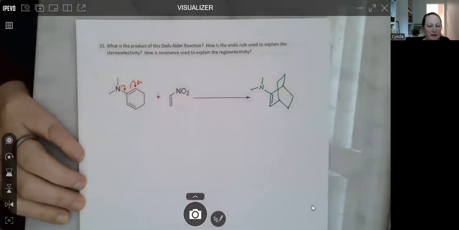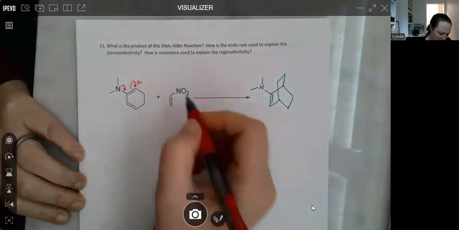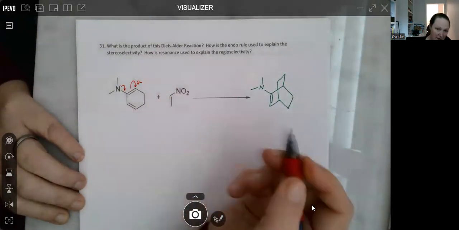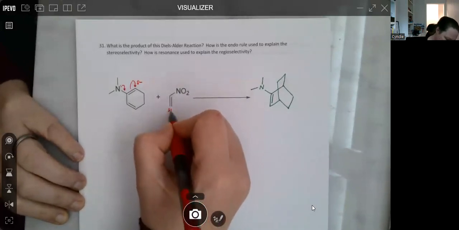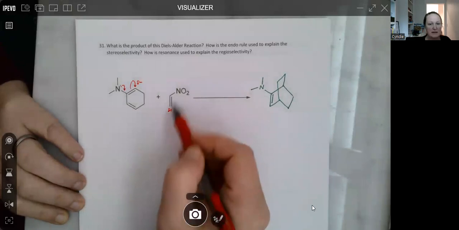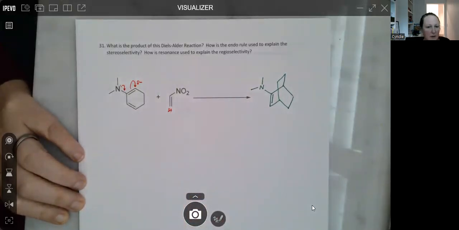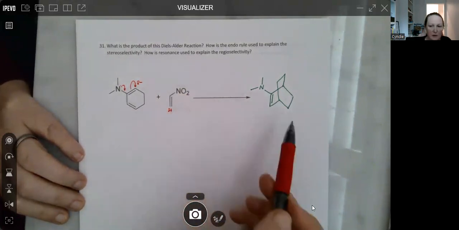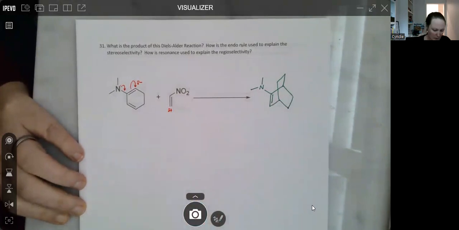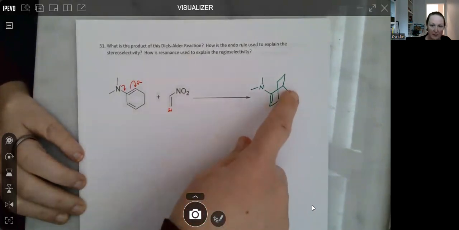So this one is delta negative, and the nitro group will end up pulling electron density out through resonance to give us the delta positive on the opposite carbon, farther away from the nitro group. So we actually would want to flip this over, and the nitro group will end up on this carbon, not that one.